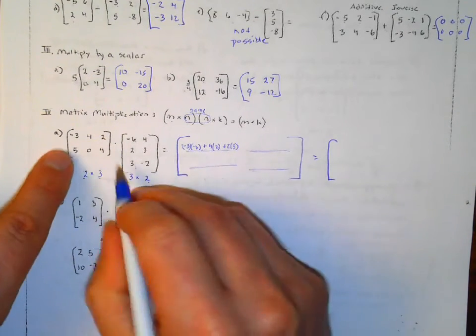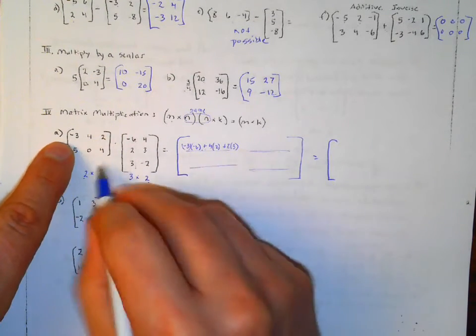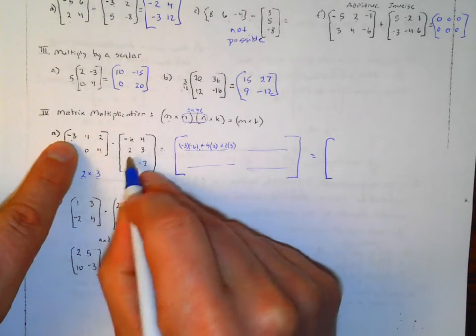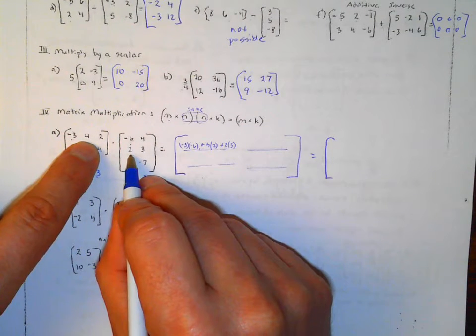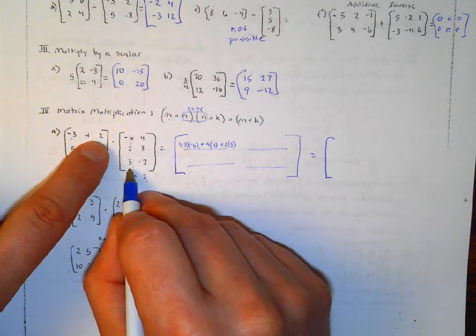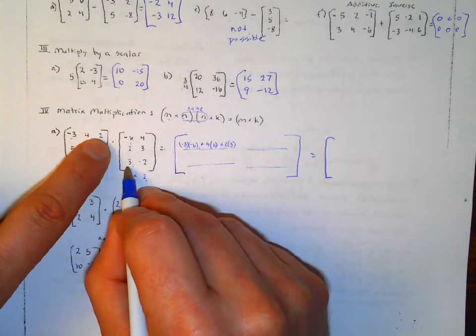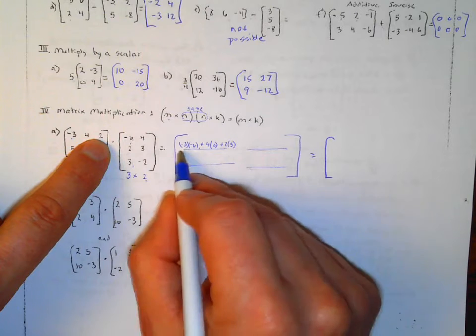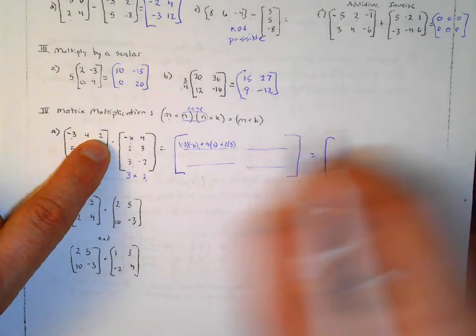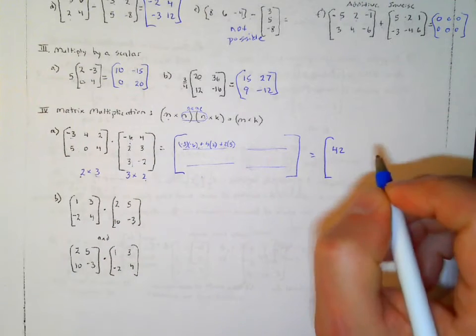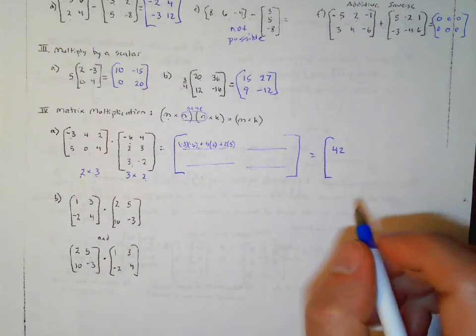Okay, so this is in the first row, first column, so I'm going to take the first row times the first column. So that's 18 plus 8 plus 6. Okay, and then add it all together. So 18 plus 8 is 26, so 32. Okay, so I'm multiplying together there.